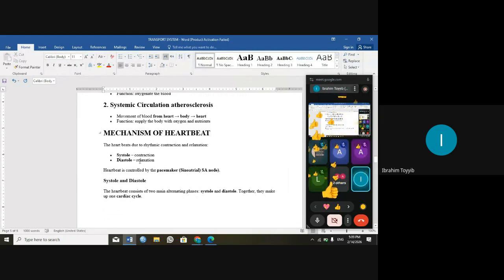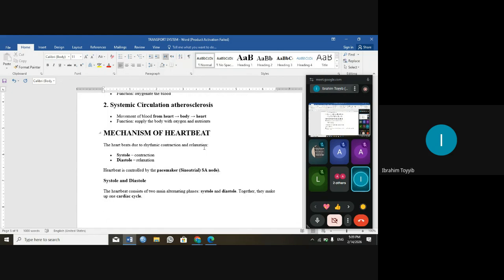How does our heart beat? The heart beats due to rhythmic contraction and relaxation. For example, if you breathe in, like you are sniffing something, your diaphragm will come up. Just look at your stomach.